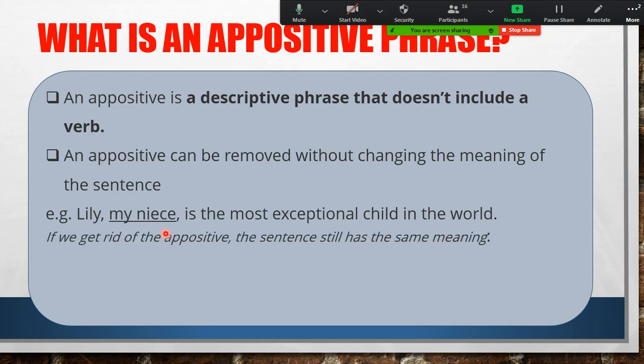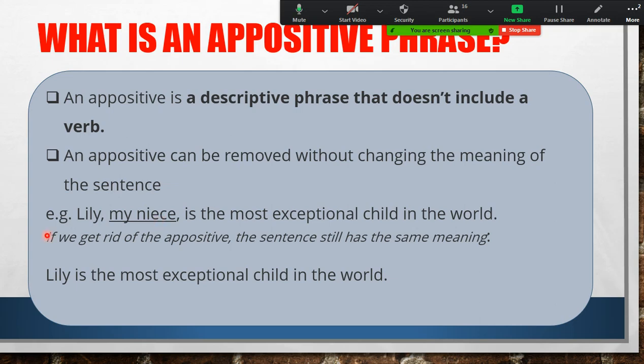If we get rid of it, we still have the same meaning. Like here, Lily is the most exceptional child in the world. The part I cut off was my niece. This is what is meant by an appositive phrase, but it's non-essential. That's why I can get rid of it.